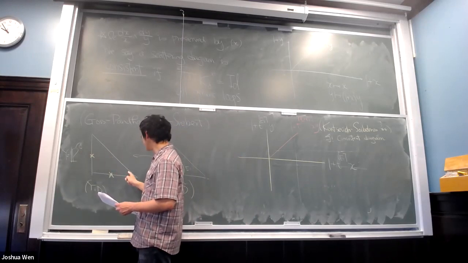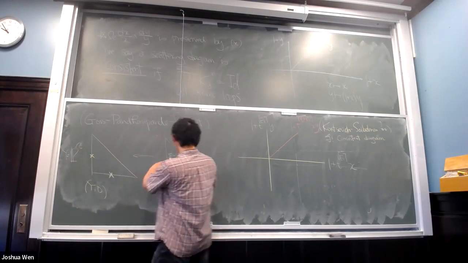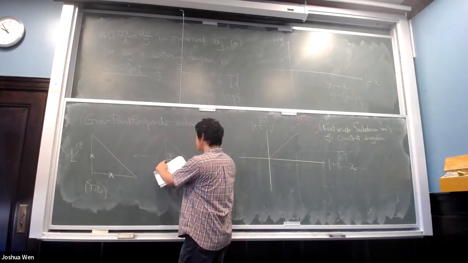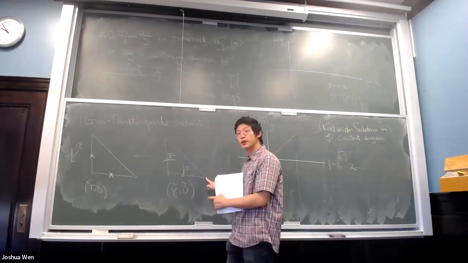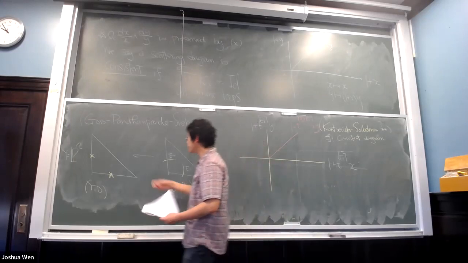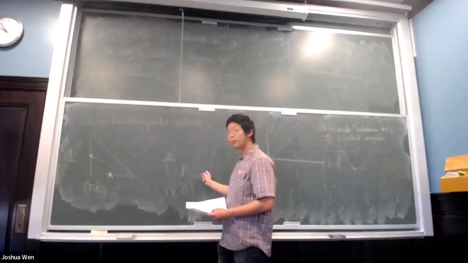That corresponds to the rays. After we blow up, it doesn't touch the strict transform, and it only intersects this one. So this gives you an A1 curve after you blow up.